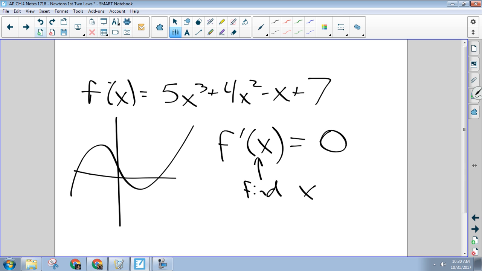That tells you the value of x where your maximum or minimum occurs. Good? Then how do you find the maximum or minimum? Plug that value of x back in.